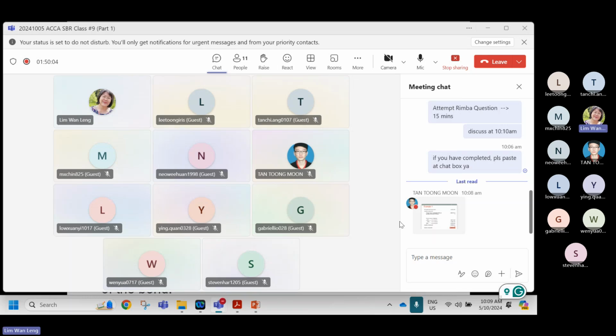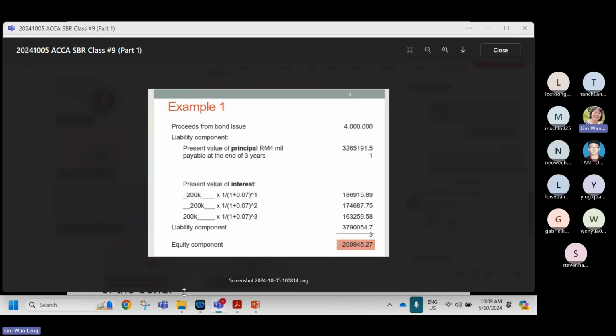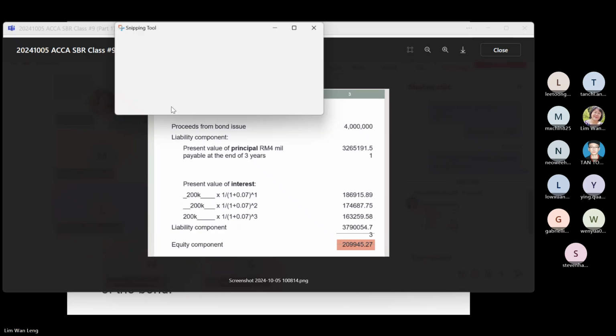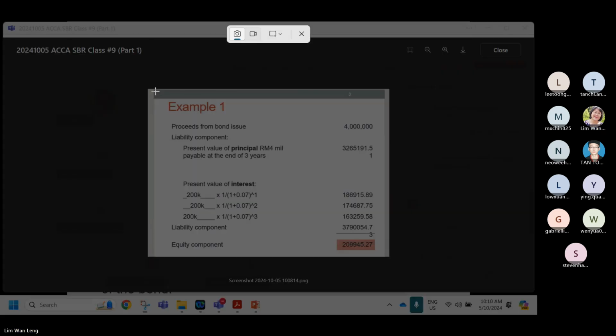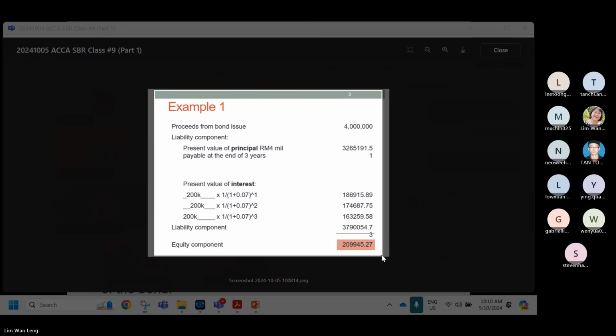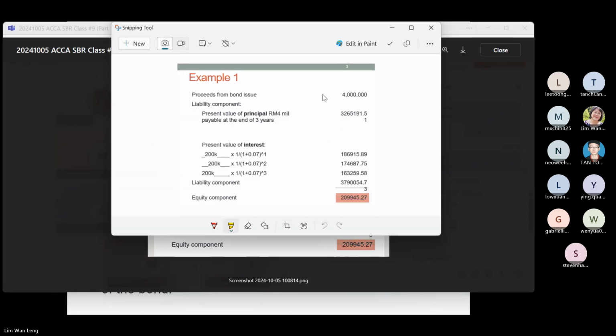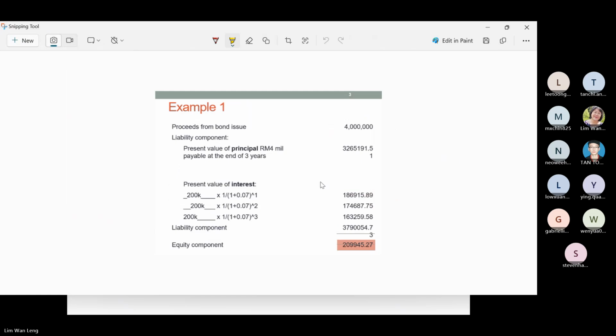All right, so now we have someone, Dongmun. Okay, so we just have a look at this one. Before we look at the answers, of course, we need to look at the question.